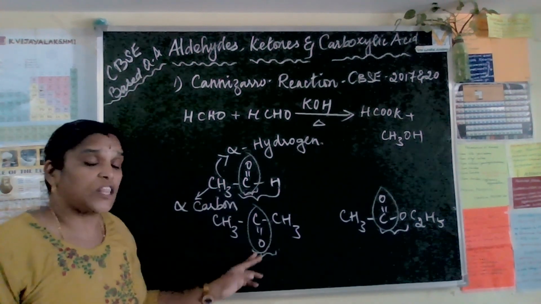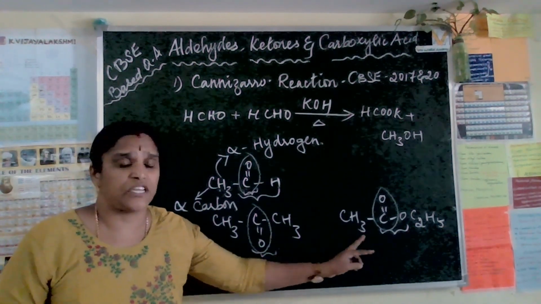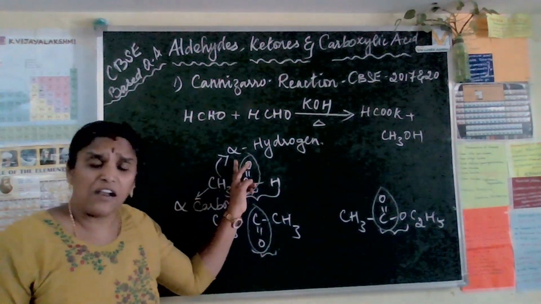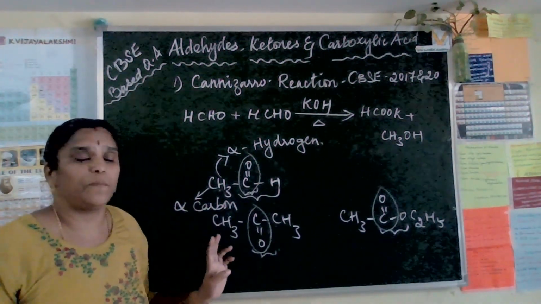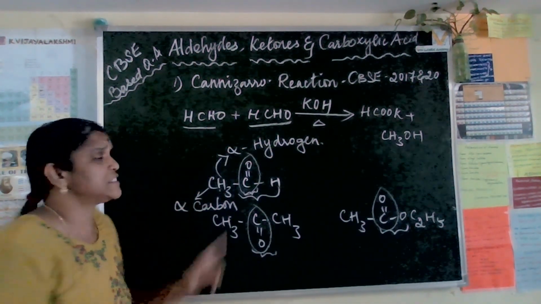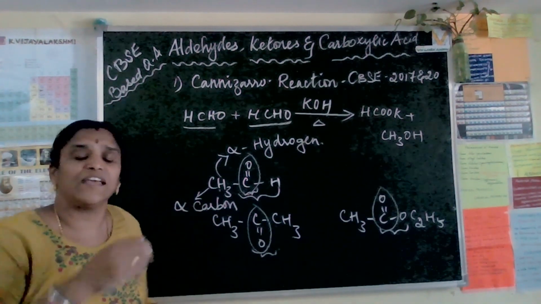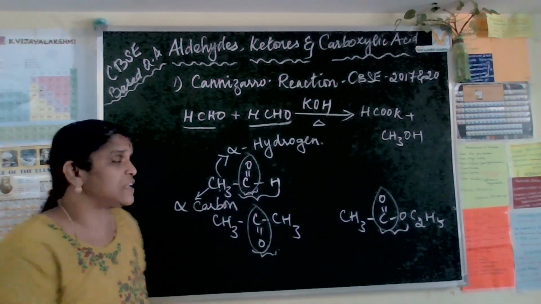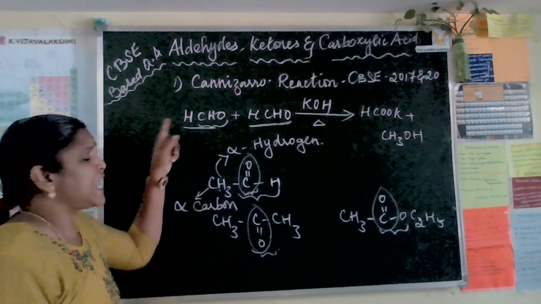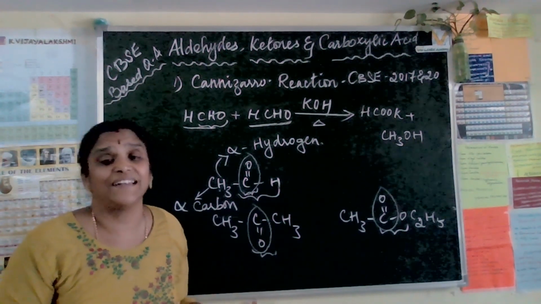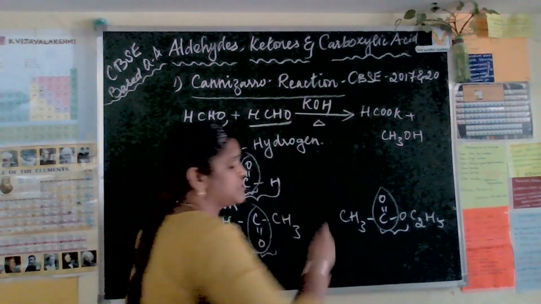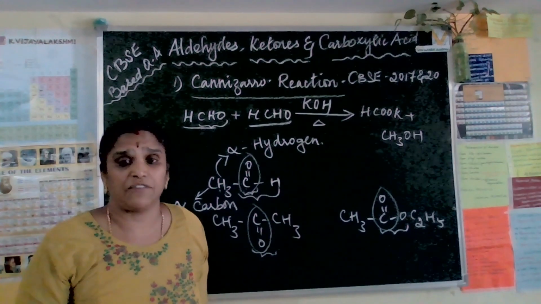So that is called aldol condensation. Now why should I mention this alpha hydrogen here? In this case, does it have alpha hydrogen? CHO is a functional group, and it does not have alpha hydrogen. That is what the Cannizzaro reaction means, those which do not have alpha hydrogen.